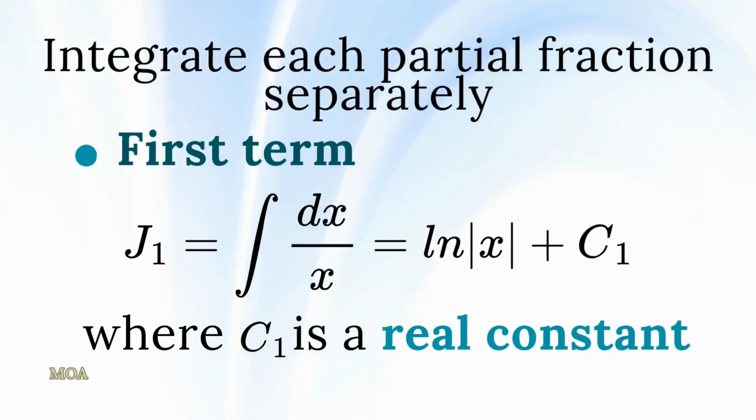The first term, denoted J1, equals the integral of dx over x. Since the natural logarithmic function is the general antiderivative, or indefinite integral, of 1 over x, this integral J1 is the natural logarithm of the absolute value of x, plus an arbitrary real constant denoted c1.